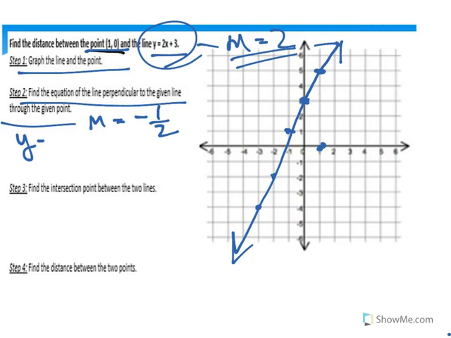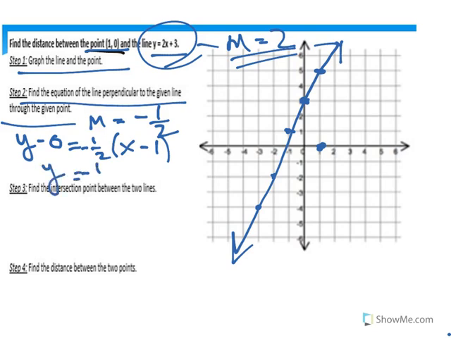Let's take y minus y1, in this case is 0, right? We're told a point of 0. We're looking right here at this point. Equals a slope. Well, we just took care of that. We said it's negative 1/2, times x minus x1, in this case is 1. Let's distribute a little bit.